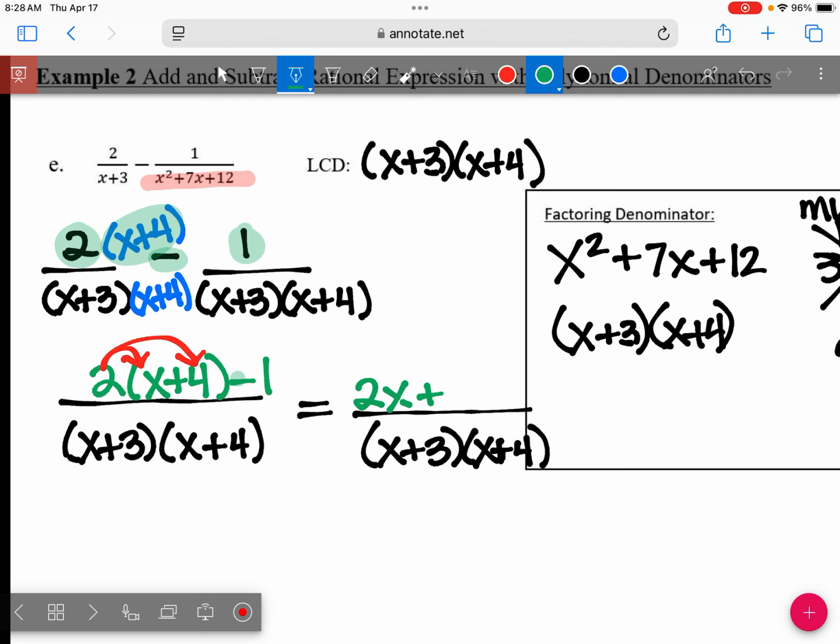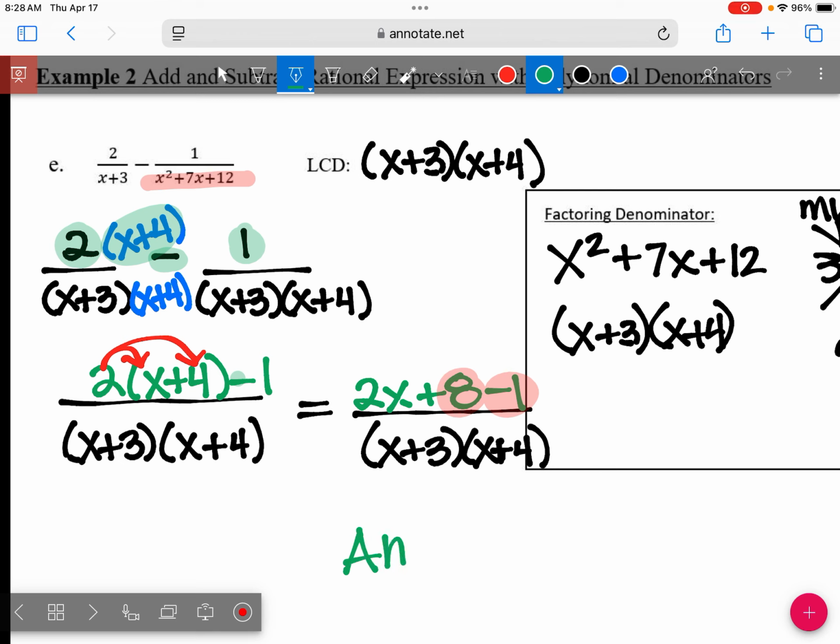And then 2 times 4 is 8. Bring down the minus 1. And now this time our like terms would be the 8 and the minus 1. So 8 minus 1 is 7, giving 2x plus 7.